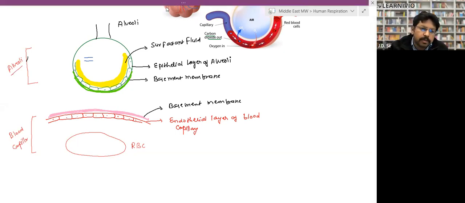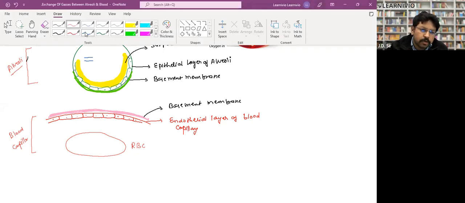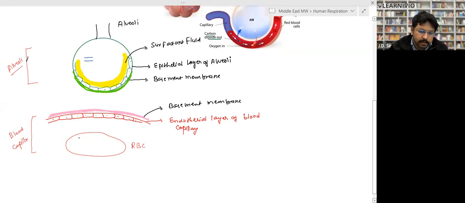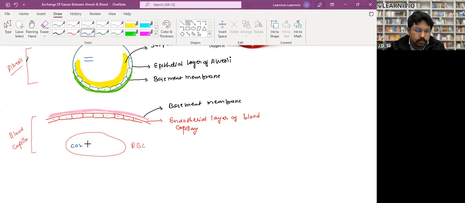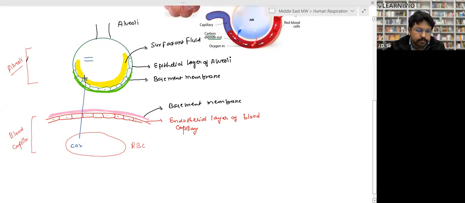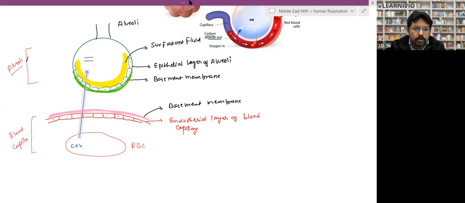What happens when the blood comes over here? What actually happens? The partial pressure of carbon dioxide moves from here to this one. Carbon dioxide moves from here to the surface of the alveoli.